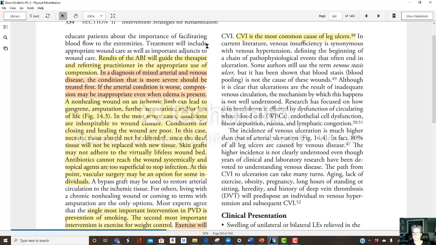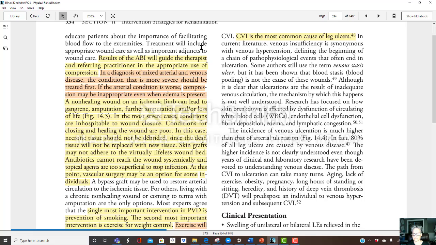The mechanism by which this happens is not well understood. Research has focused on how skin breakdown is affected by dysfunction of circulating white blood cells (WBCs), endothelial cell dysfunction, fibrin deposition, edema, and lymphatic congestion.